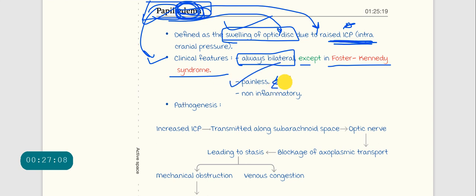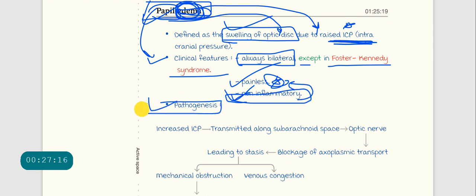There is an increased intracranial pressure, and this would be transmitted along the subarachnoid space, due to which the optic nerve would be under pressure.